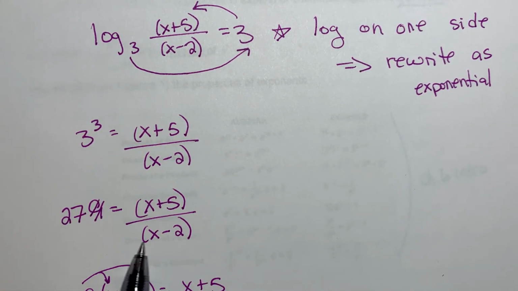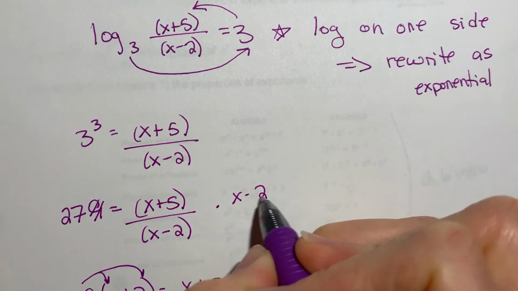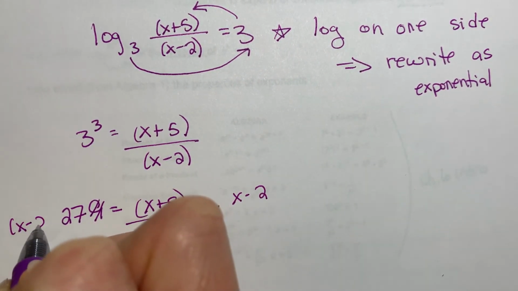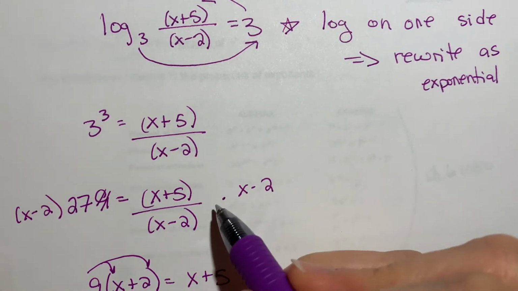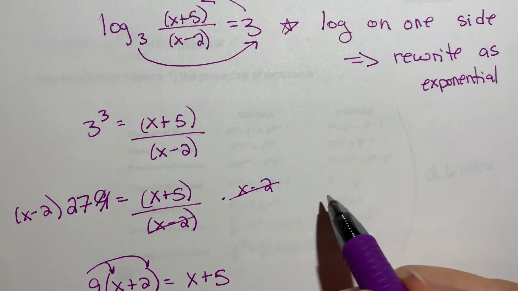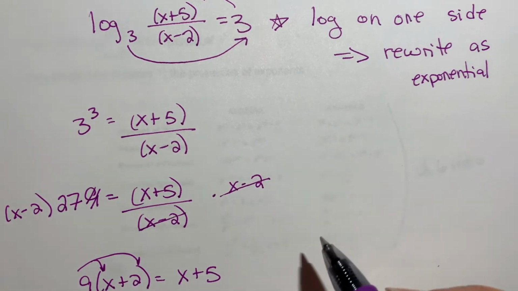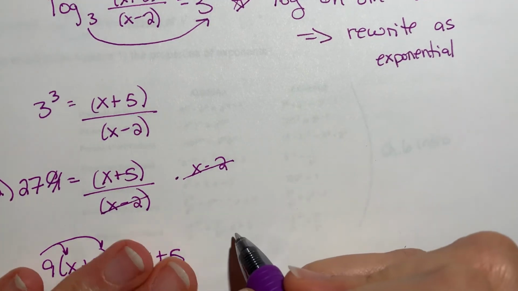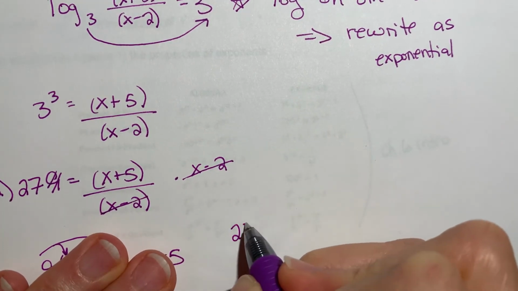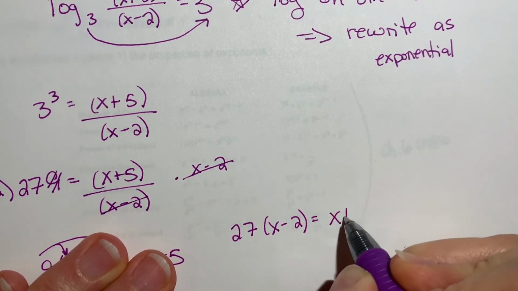To undo divide by x minus 2, I need to multiply both sides by x minus 2. I'll just redo this since I had a mistake in it anyway. On the right side here, x minus 2 divided by x minus 2, that's gone. That's why we did it. It divides to give you 1. And on the left side, I'm going to have 27 times x minus 2 equals x plus 5.